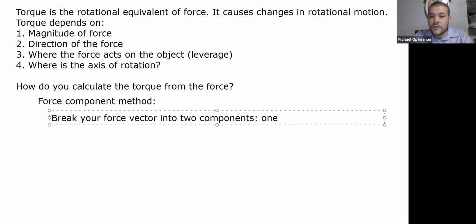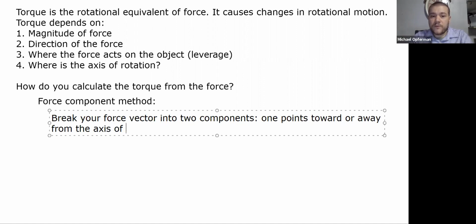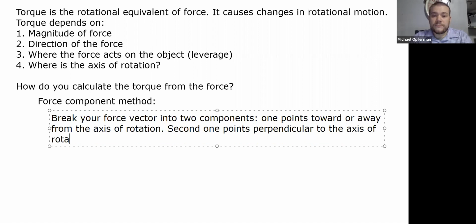one pointing toward or away from the axis of rotation, and the second one points perpendicular to the axis of rotation. So in other words, in my example, this component would be towards the axis of rotation because the axis of rotation is here. So it makes a straight line directly to the axis of rotation if I exert a force like this.